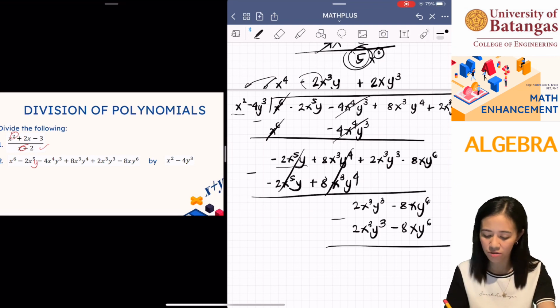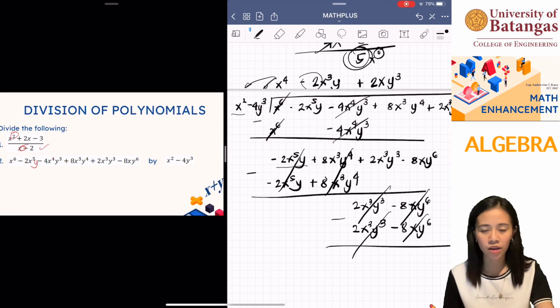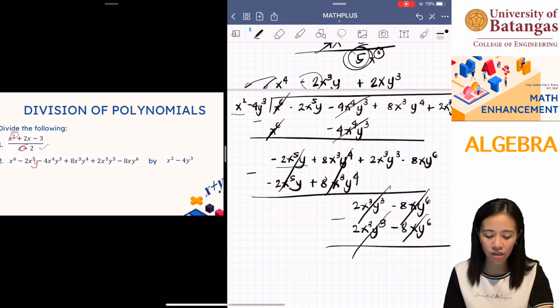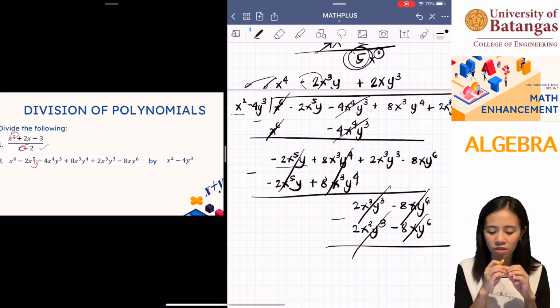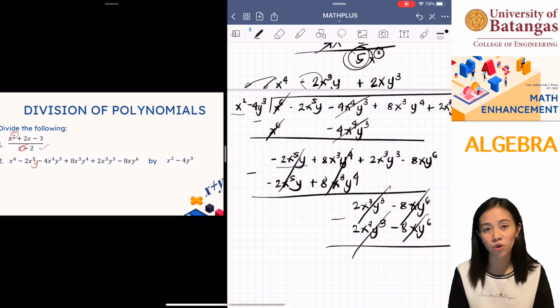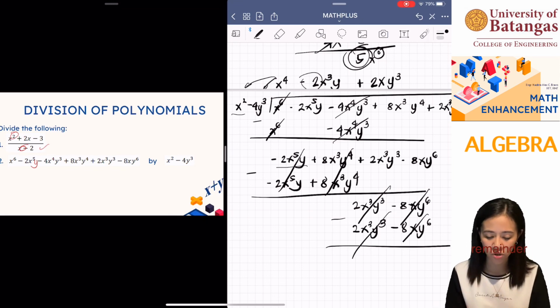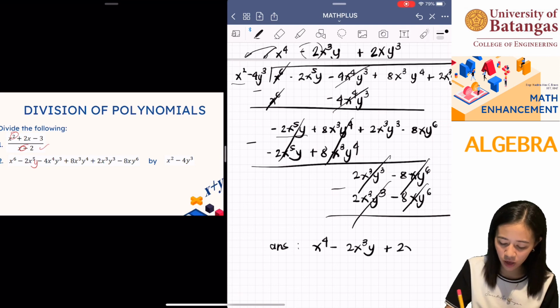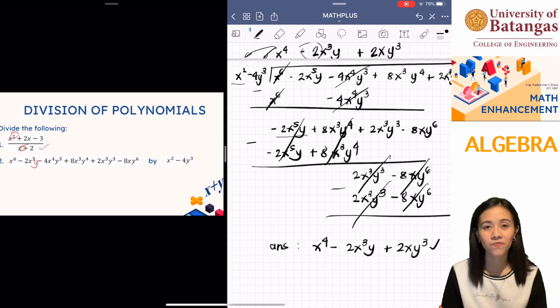Subtracting that, ayun. So, ibig sabihin, ano ba tawag doon? Complete factor ni dividend, itong si x squared minus 4y cubed kasi walang. So, ang magiging sagot natin, our answer is x to the fourth minus 2x cubed y plus 2x y cubed. That would be our answer. Okay?